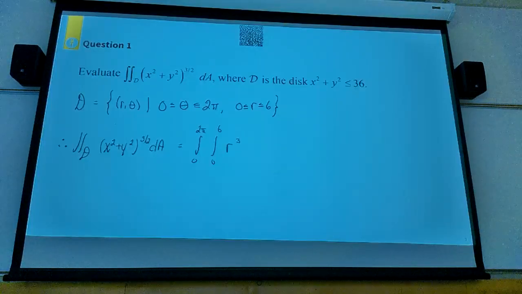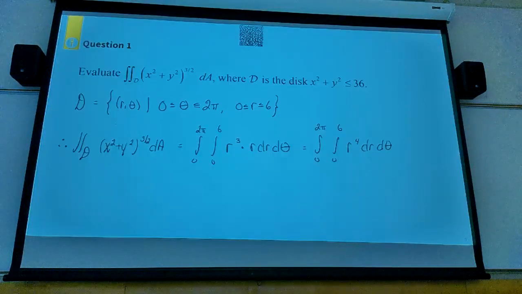Now what is dA? r dr. Right, I'm always going to break it down this way, just so you can clearly see that we're going to have an extra r. Right, now simplify. So we are going to have r to the fourth dr d theta.